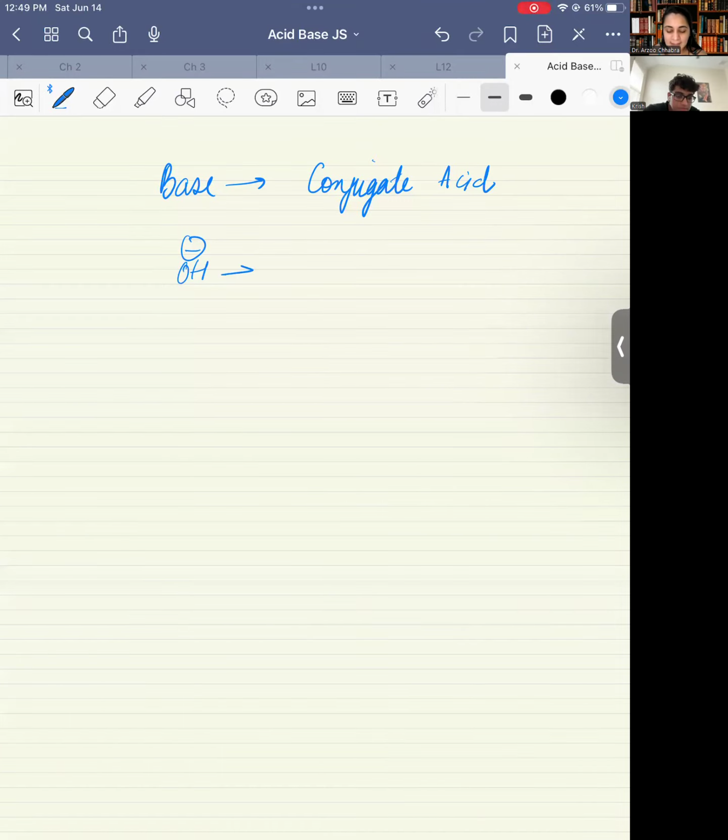Same thing if we are doing the opposite, going from a base to a conjugate acid. For example, we have OH minus as a base, and if we want to draw out a conjugate acid for that, this time we add the H plus.